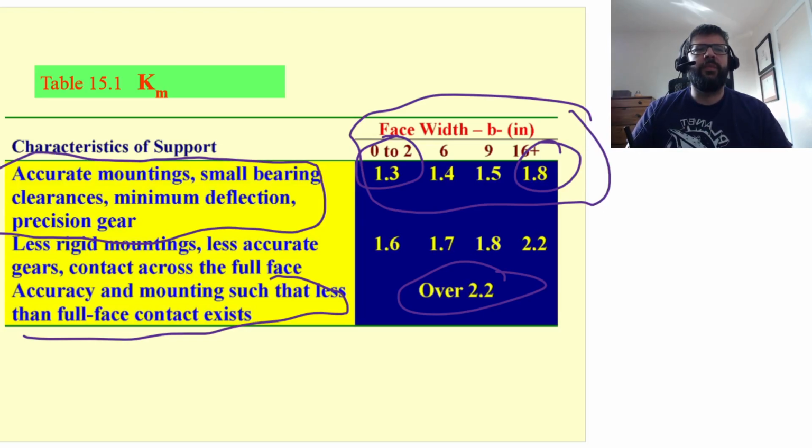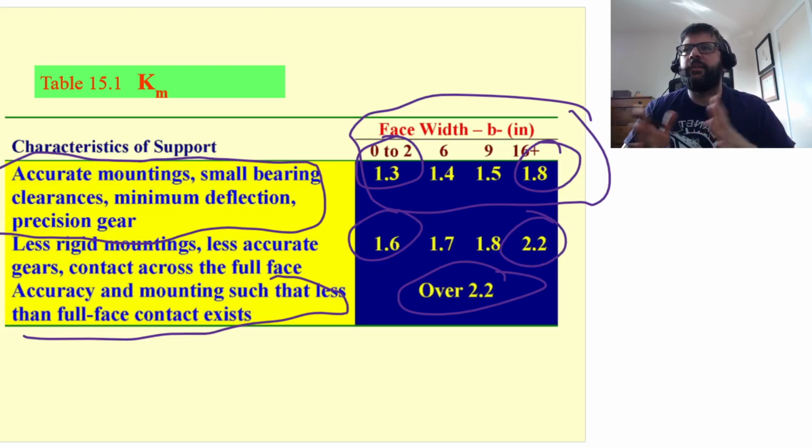If you have something in the middle, it's not all that rigid and the gears aren't all that accurate, but you still have contact across the full face, though the pressure distribution might not be equal, then that'll vary from 1.6 to 2.2 for the large ones.